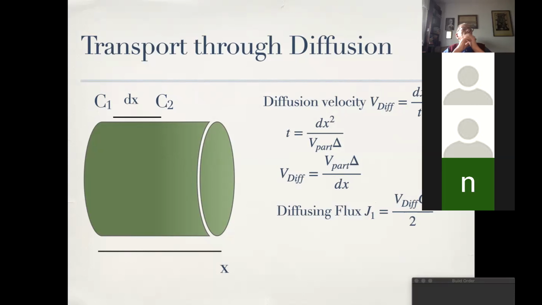Conventionally, it's labeled by a capital letter J. That is the number of particles per unit time which go with the diffusion velocity, and that is given by the velocity over 2. The factor 2 comes from the fact that we have used an average diffusion velocity, which obviously is different at different points.